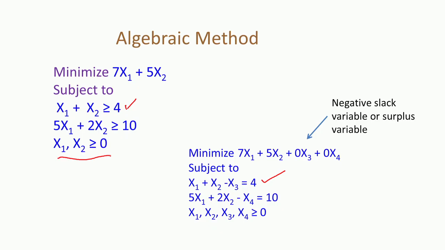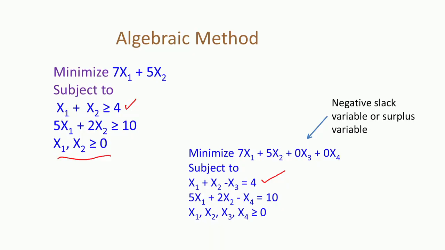So, we introduce the variable x3 such that if x1 plus x2 is more than 4, then x3 would take a positive value and make it equal to 4, so that x1 plus x2 minus x3 is equal to 4. If x1 plus x2 is exactly equal to 4, then x3 will take value 0.